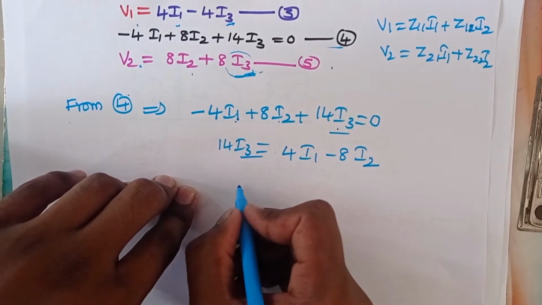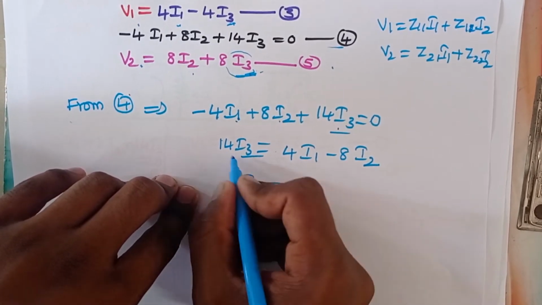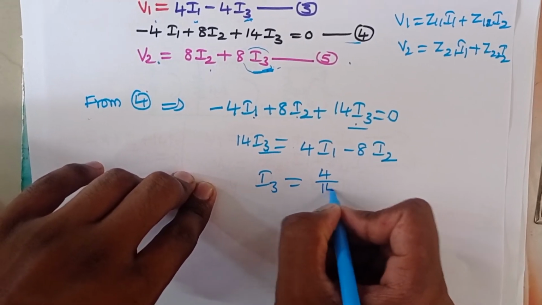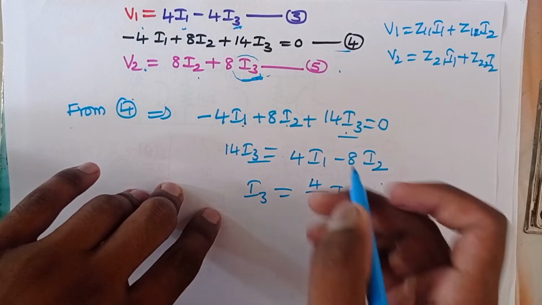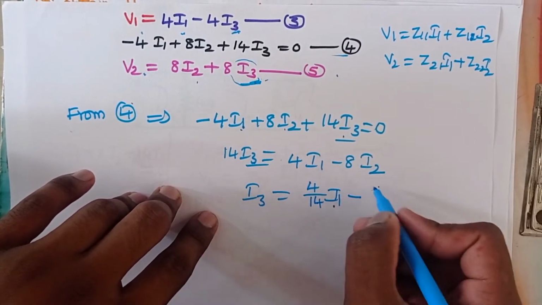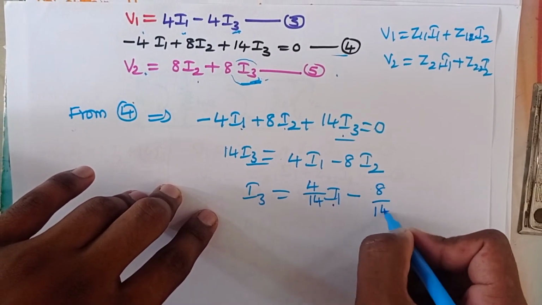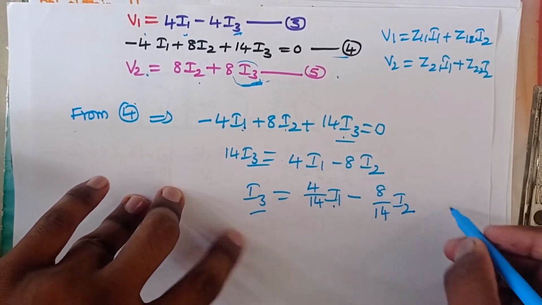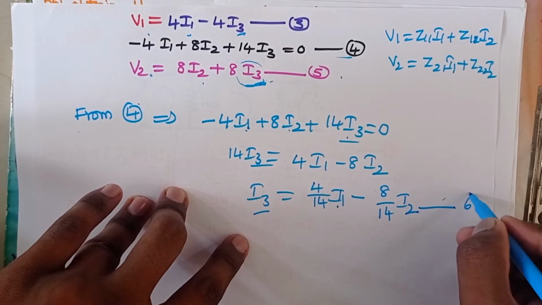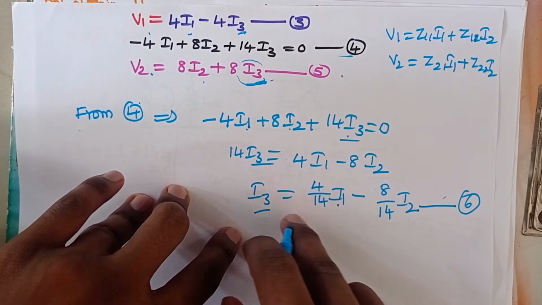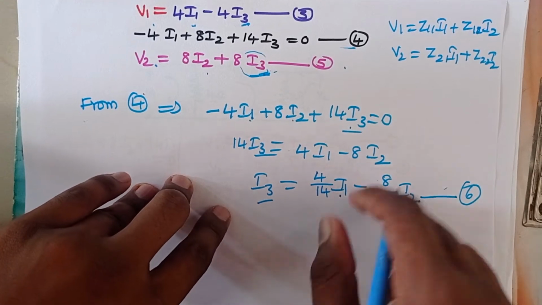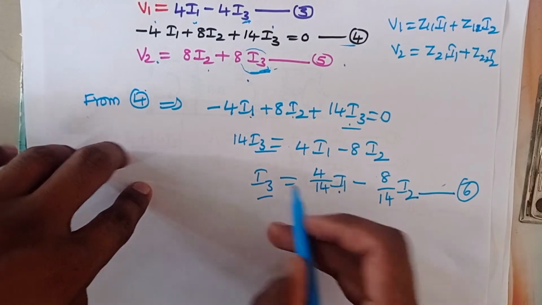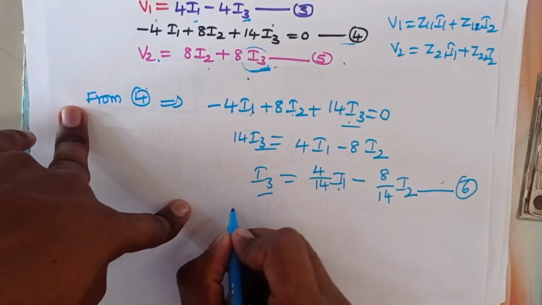Now I3 equal to, moving this 14 to this side, 4 by 14 I1 minus 8 by 14 I2. This is the I3 equation. Consider this as equation number 6. Now we simply substitute this I3 equation in V1 and V2. First substitute the I3 equation.